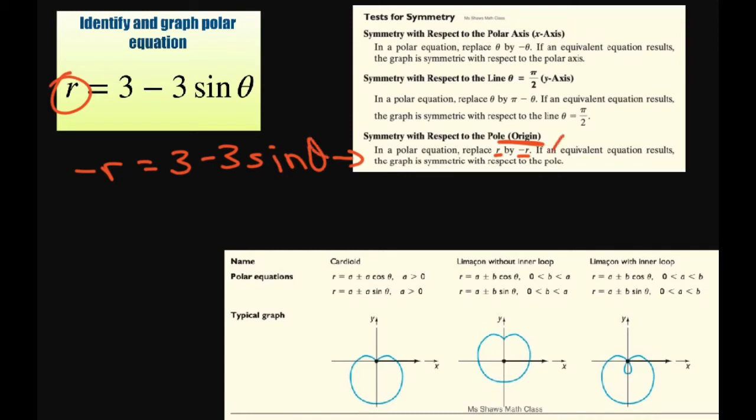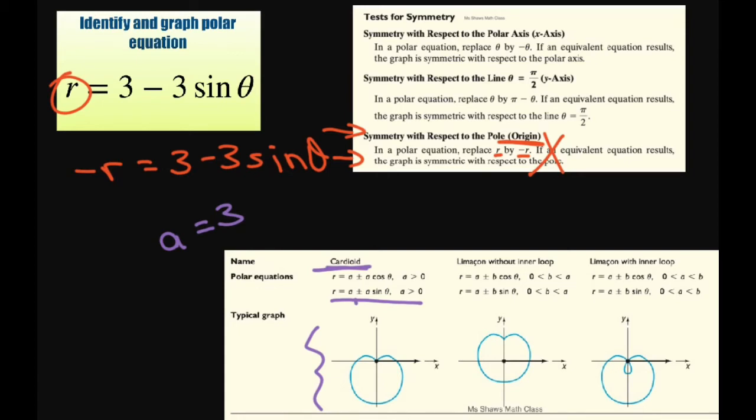So this fails. This condition 3 only works if you have r squared. This is why this is a cardioid. It's because we have this form here, where r equals 3 and then we have the minus thing going on. So here's a sample of the graph. It looks like a heart.